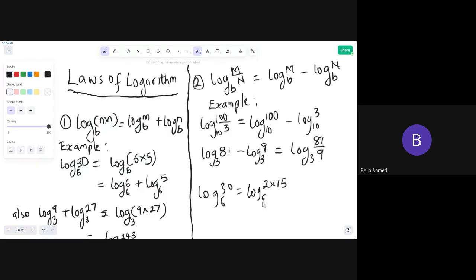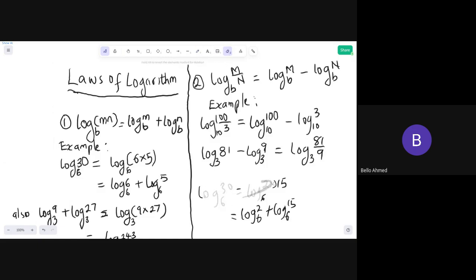And this can finally give us logarithm of 2 base 6, then the multiplication is just going to turn to addition, so plus logarithm of 15 base 6. So it depends on what you break down your 30 into. So please know how to apply the first law.